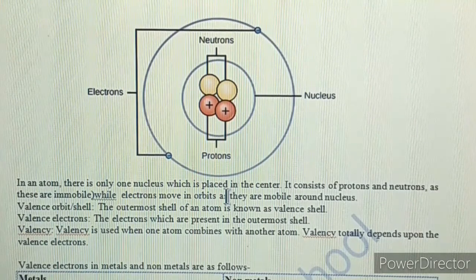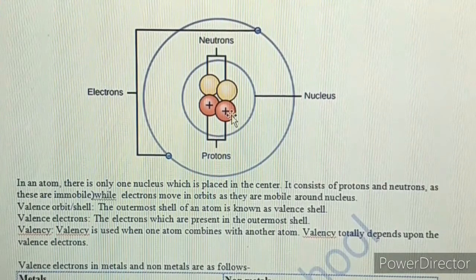So now children, these electrons: it is not that only one shell is there around the nucleus. There are a number of shells around the nucleus. It depends upon the atomic number of the element.